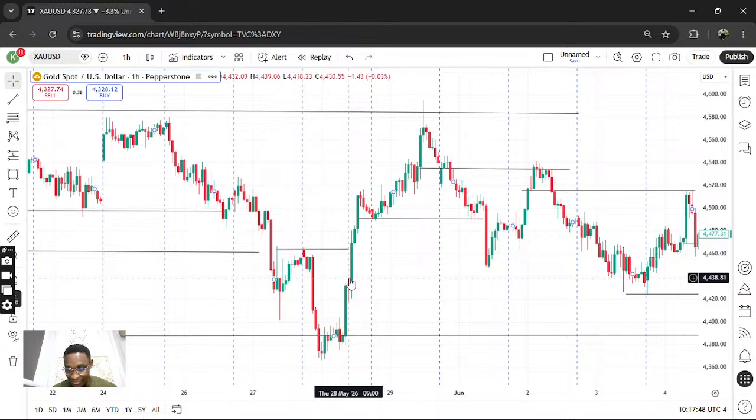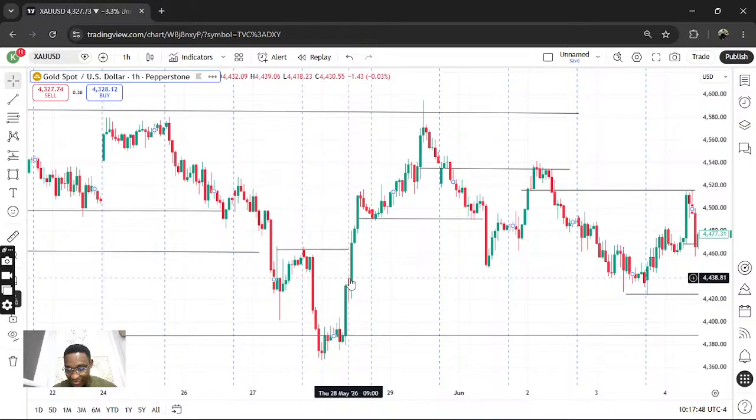Now, when the market traded back into this level, at what time did this happen? Everything is all about candle manipulation and distribution. When the market opened here, accumulation happened. Accumulation.